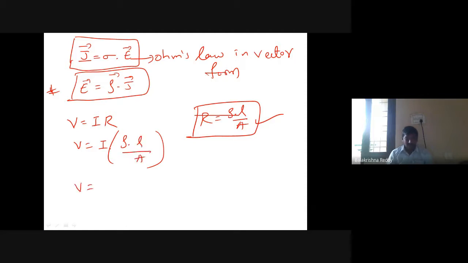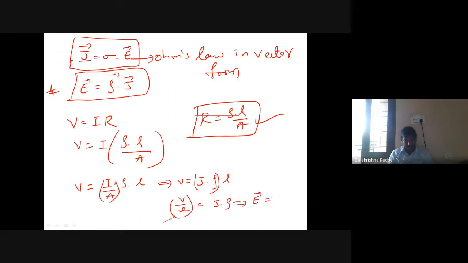So V equal to I into rho L by A. I by A I can write as current density, J. Then the L I will send to this side. Now what is V by L?